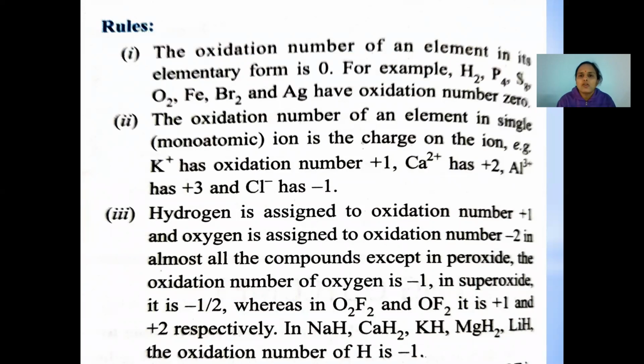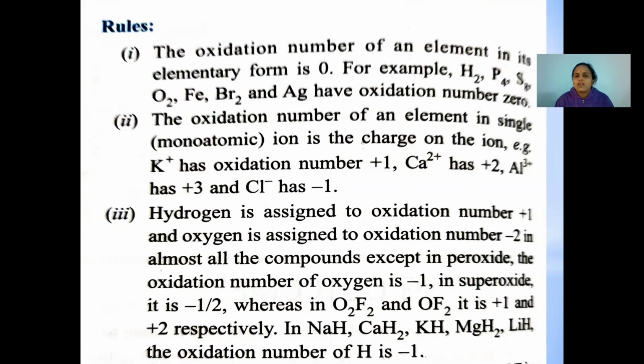First rule is the oxidation number of an element in its elementary state always is equal to 0. Example, H2, P4, S8, O2, Fe, Br2 and silver, they have got the oxidation number 0.